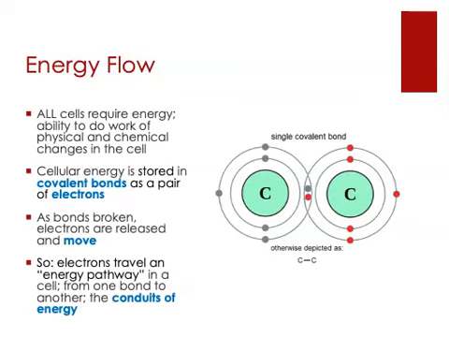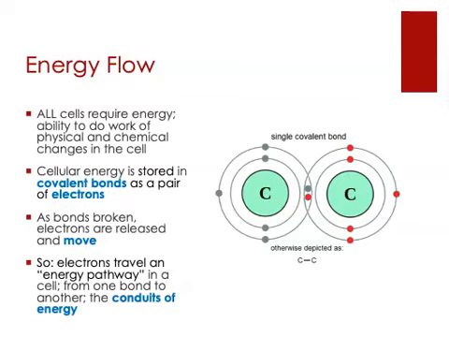But while they're sitting in a covalent bond, that energy is sitting with them. It is stored with them. But when a cell turns around and breaks a molecule, breaks the covalent bonds, those electrons are going to be released. And those electrons are then on the move.